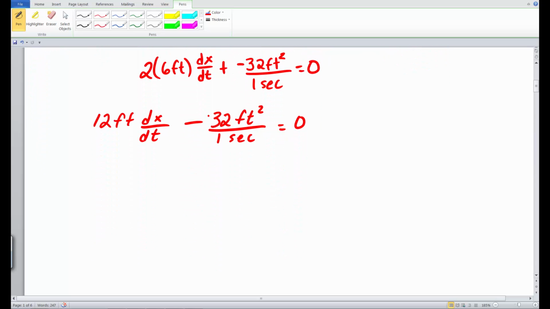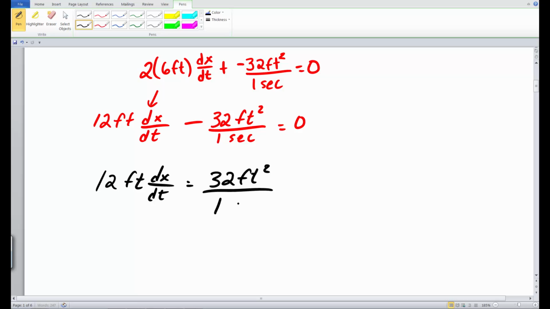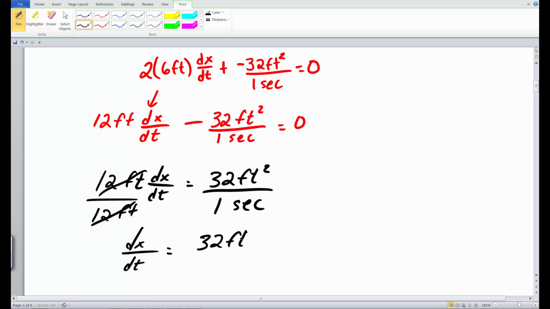And then we're just pretty much trying to solve for our dx over dt. So we would do that by adding this piece over. So we end up with 12 feet dx over dt is equal to 32 feet squared for every 1 second. Then we're going to divide both sides by this 12 feet. So dx over dt comes out to be 32 feet squared for every 1 second.